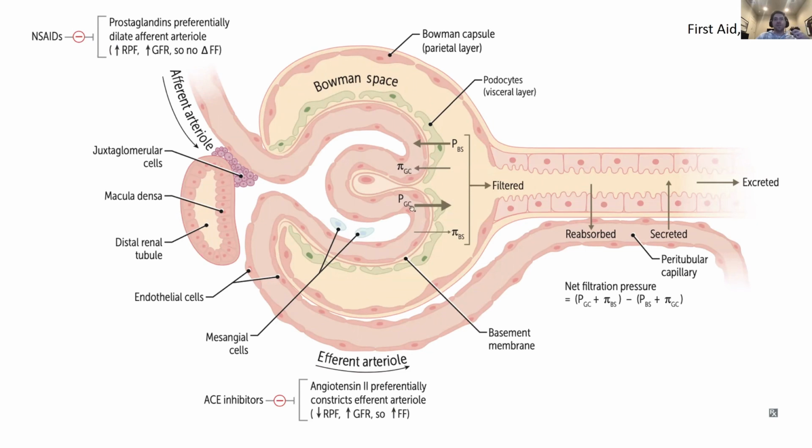You have the hydrostatic pressure pushing. You also have the hydrostatic pressure from Bowman's space pushing, and the oncotic pressure from Bowman's space pulling. Then you can see everything that's filtered, everything that's reabsorbed, secreted, and excreted. So if you sit down and just kind of walk through these different aspects, it kind of lays everything out for you.